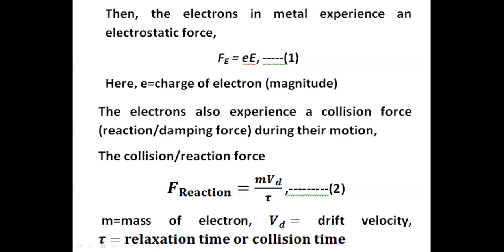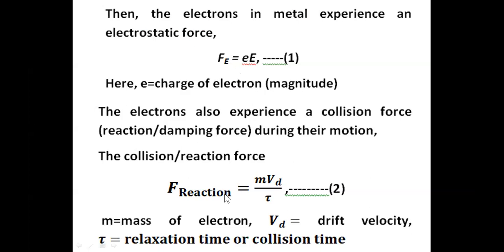Now the electron is experiencing two forces. One is the damping force or collision force, and the second one is the electrostatic force in the presence of an electric field. If you want a net movement of electrons in a particular direction, the applied electric field force must be at least this reaction force.